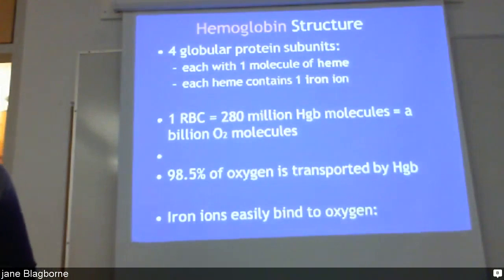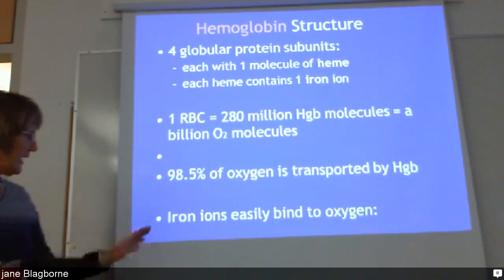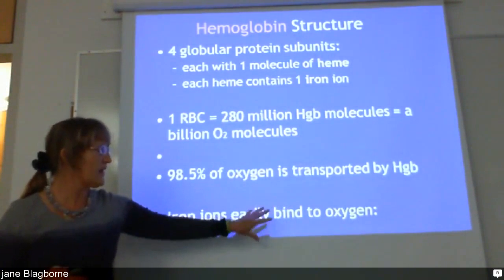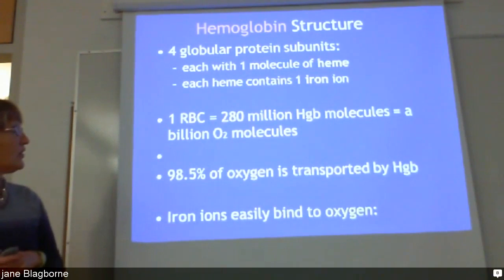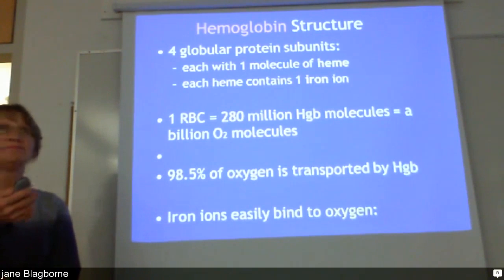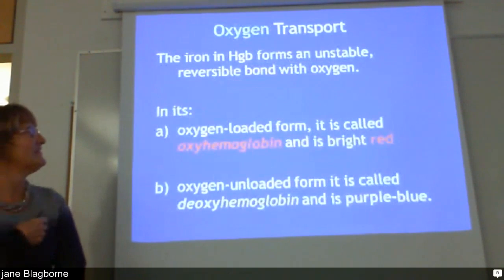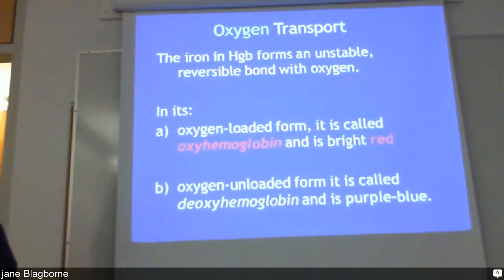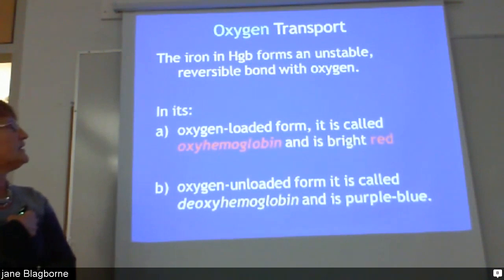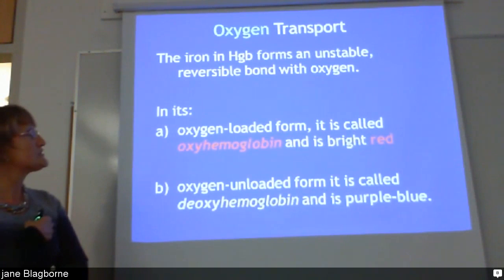And right down here too, iron easily binds to oxygen. So it binds to the oxygen and carries it on the red cell. Talking now about oxygen transport, the iron and hemoglobin form an unstable, reversible bond.